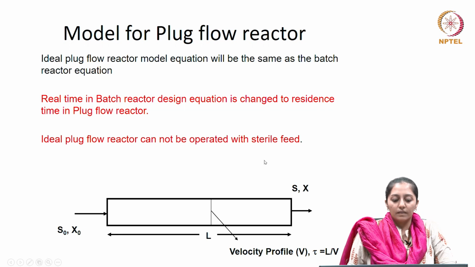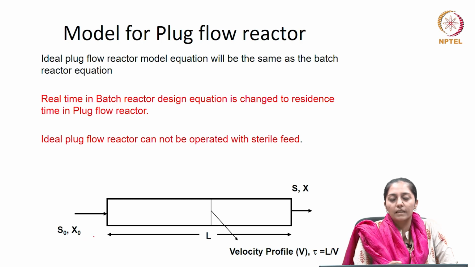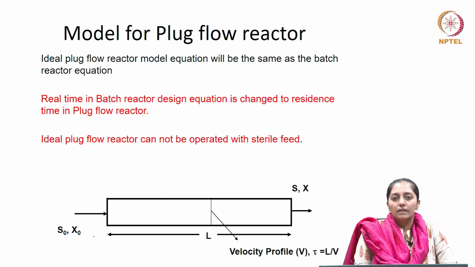If you see the picture on the slide, the length of the tubular reactor is L. The inlet substrate being fed into the tubular reactor is S0, and because it is not sterile, the biomass concentration is X0. As it comes out from the other end, the substrate gets converted and the residual substrate concentration changes.